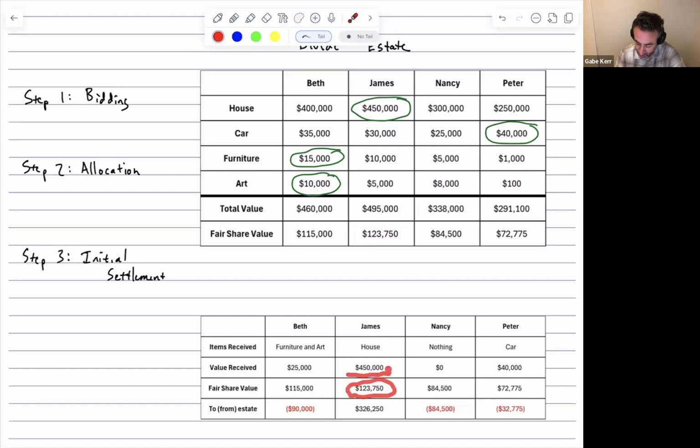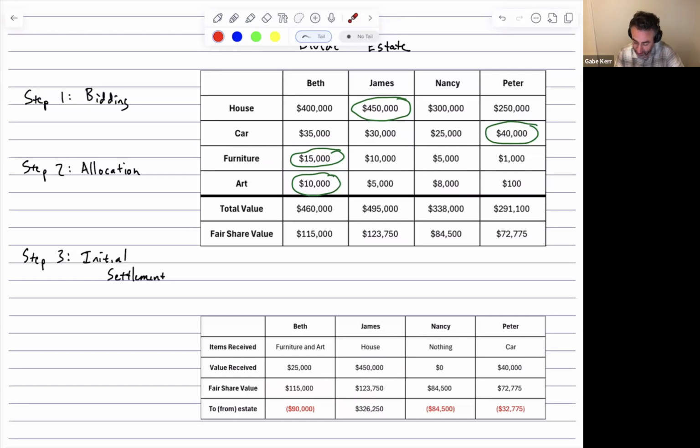So James received a lot more value than his fair share. And so what James must then do is pay that difference to the estate. So he subtracts the fair share value from the value of the house, and he pays the estate $326,250. Which, according to him, if you think about it, is a great deal for the house because he's not paying that amount. So he's still getting some value there.